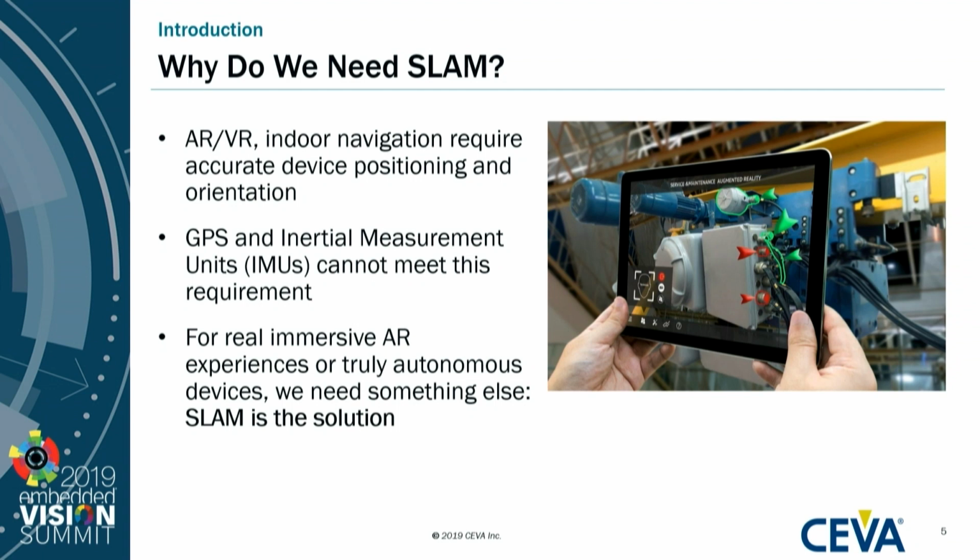Solutions that are based on GPS or IMUs only have low accuracy and are not good enough for real products. In order to create a real immersive AR experience, we need to have a truly autonomous device. We need something else. We need SLAM.